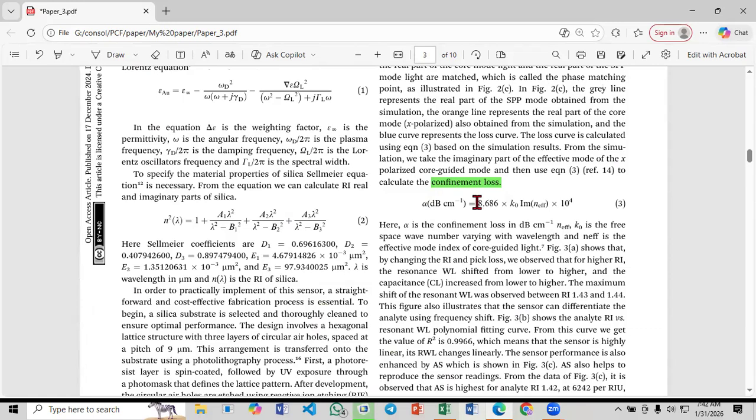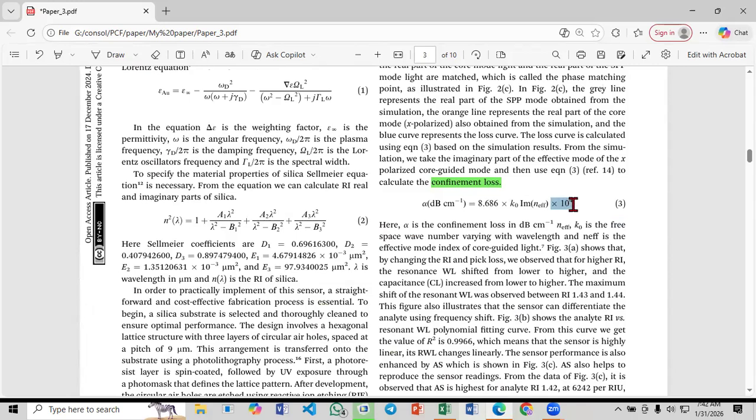So the equation is 8.686 times k naught, where k naught is the free space wave number, and we take the imaginary part of the effective index.